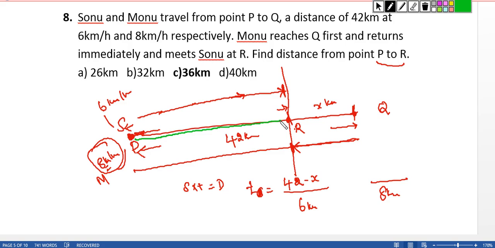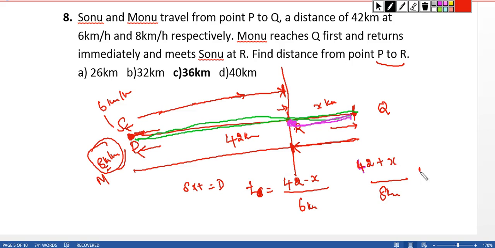He travels, and he comes back here. So here he has traveled 42 kilometers, and he has traveled a further x kilometer. So he has traveled 42 plus x kilometers, and his speed is 8 kilometers per hour.